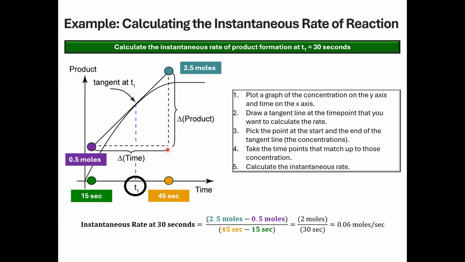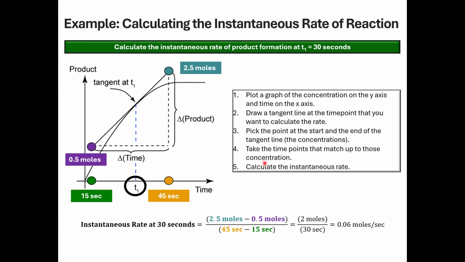And then you just look at the time that happens. So say 2.5 moles were formed at 45 seconds and 0.5 moles were formed after 15 seconds. So you'll just kind of correspond those based on what they see vertically, okay? So your point will be there. You extend that down, that'll be 45 seconds. Your 0.5 moles, extend it down to 15 seconds.